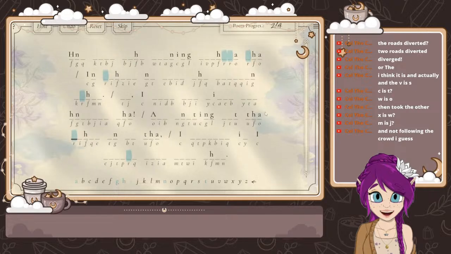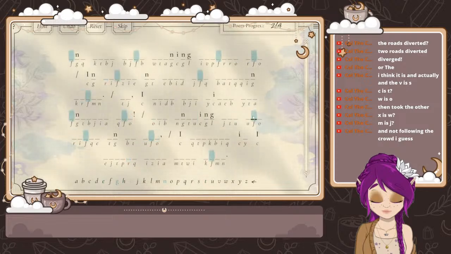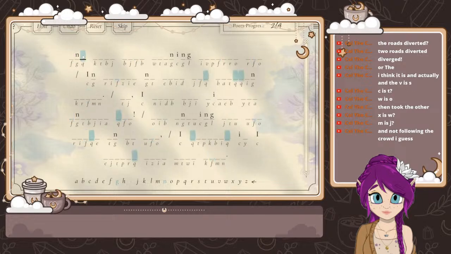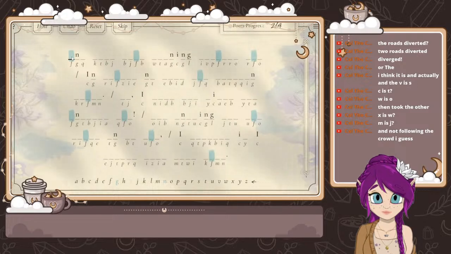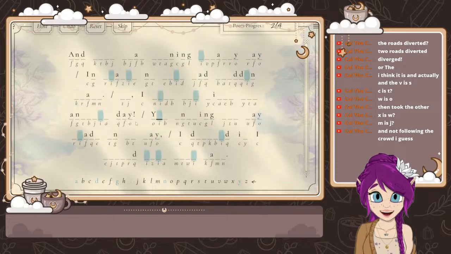So is it the? Oh, it can't be the, because this one starts with that letter. We could start with and. Something day, exclamation mark. You.